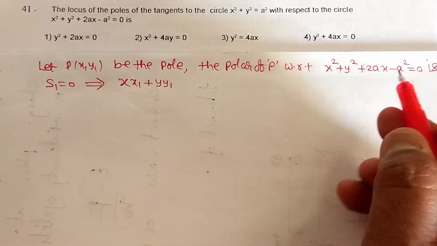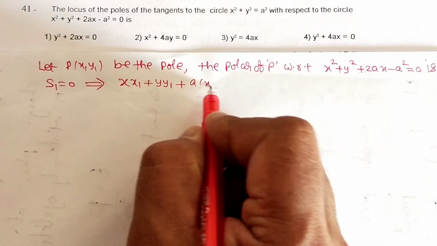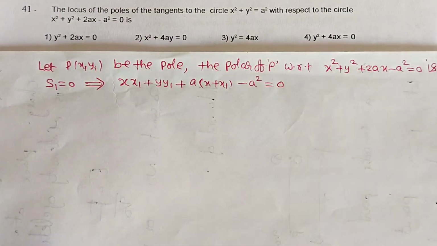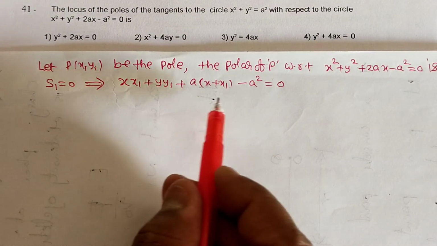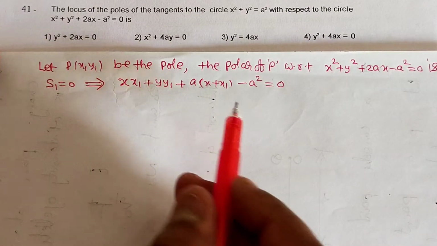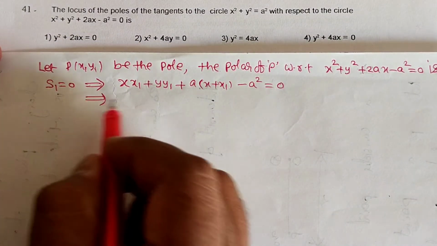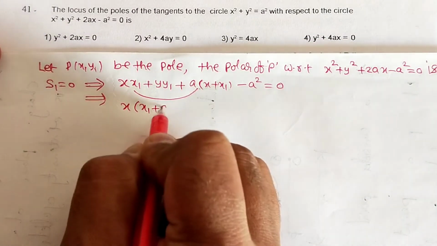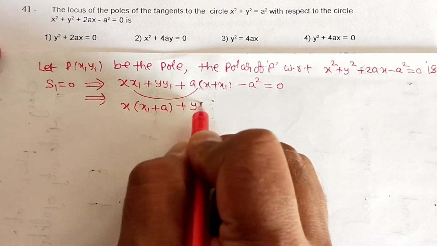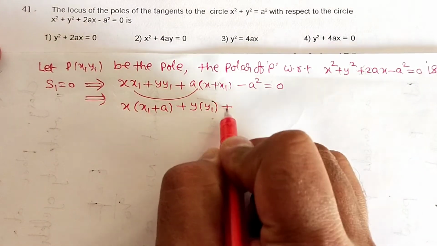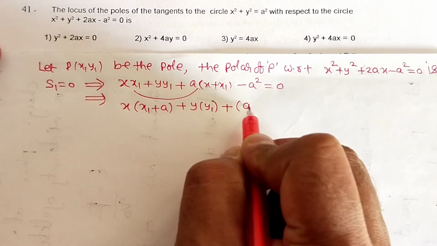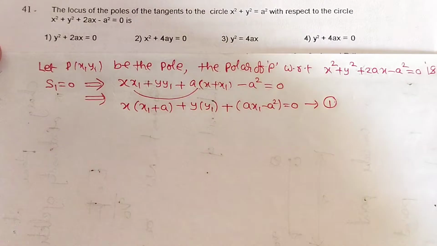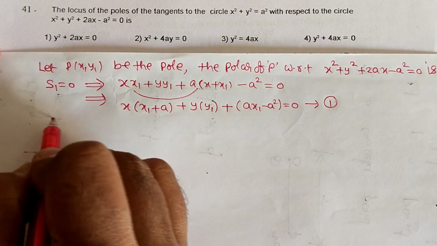In place of g here a is there, so a(x + x1) − a² = 0. This equation I am going to write in the form of ax + by + c. So we can write it as, from these two x take common, x(x1 + a) + y·y1 + ax1 − a² = 0. You put it as equation number 1.